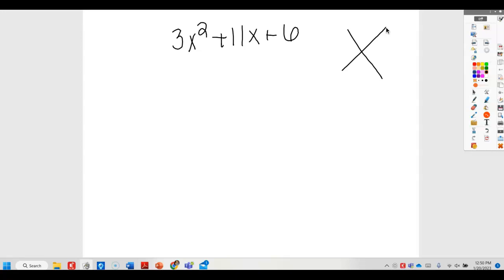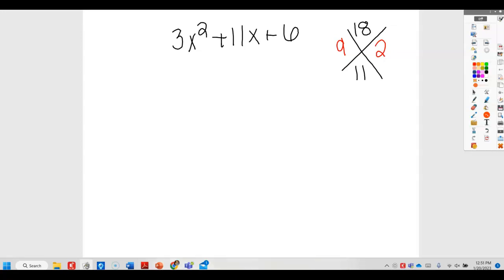So 3 times 6 is 18. The bottom is your 11. So you want to find 2 numbers that multiply to 18 but add to 11. So in this case, that is 9 and 2.